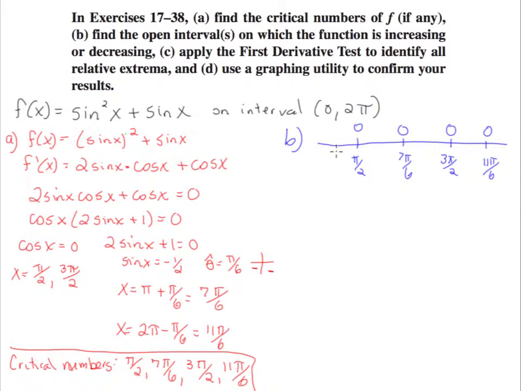So again, I don't care exactly which value it is, but I'm going to plug it in to see if I get positive or negative. So for example, the first one, I'm going to try pi over 4. Cosine is positive in the first quadrant. 2 sine x plus 1 gives us positive, so that's a positive in that interval. I'm going to repeat these for each of the following intervals.